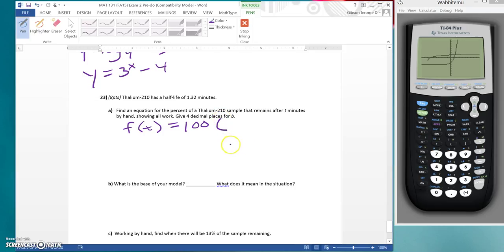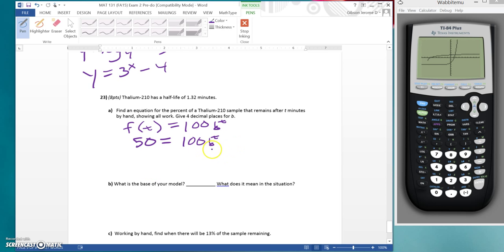Actually, I jumped the gun a little bit here. It should be 100, but it should be b to the t. So f of t is equal to 100 b to the t. Now our f of t, because it says it is a half-life, would be 50. And this 100 here represents the 100% that they're talking about. So it would be 100, and it would be b to the t.